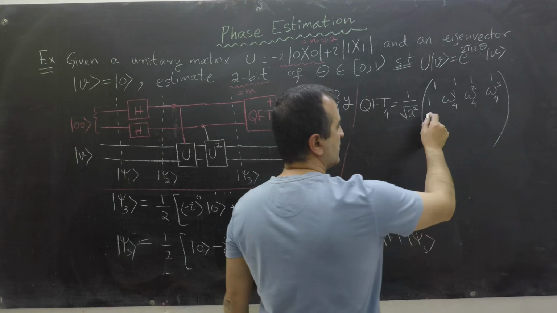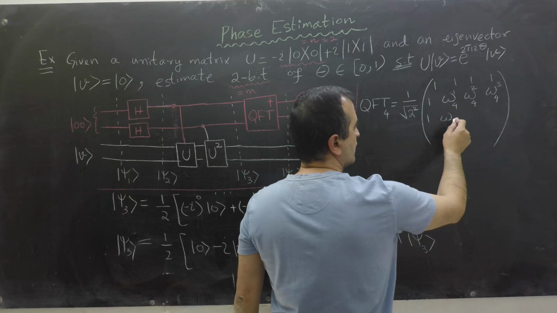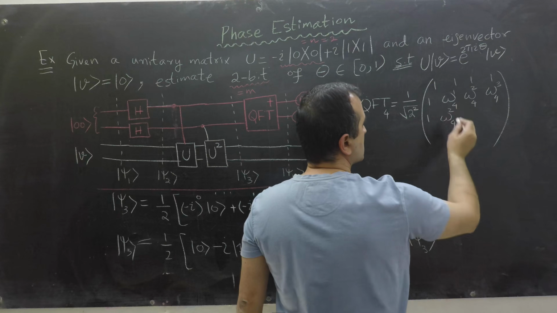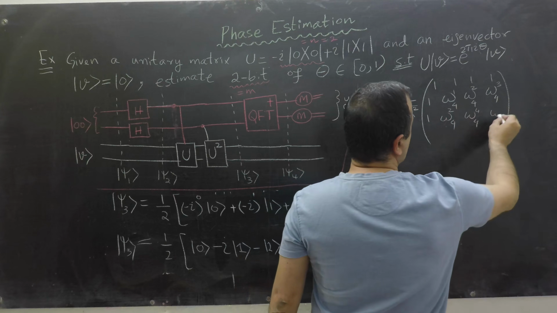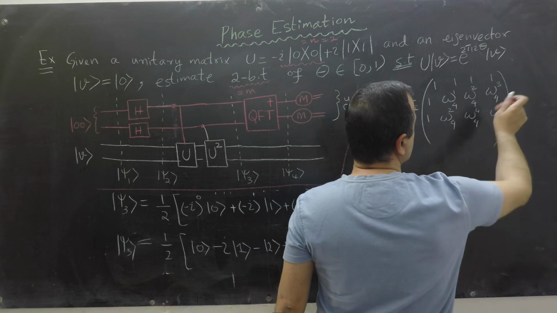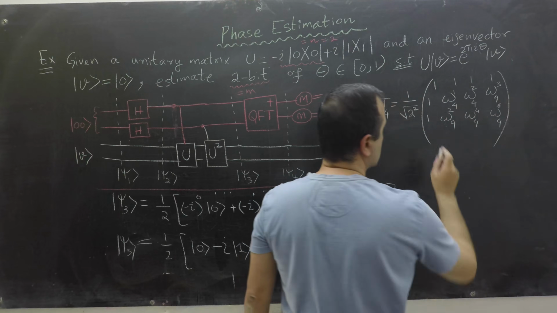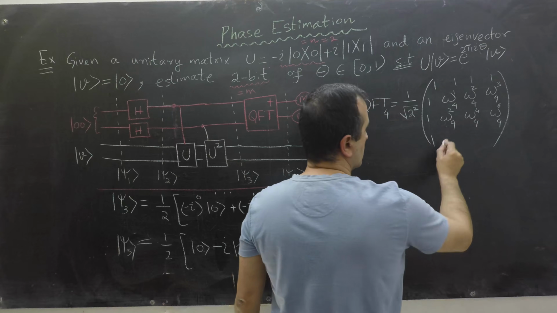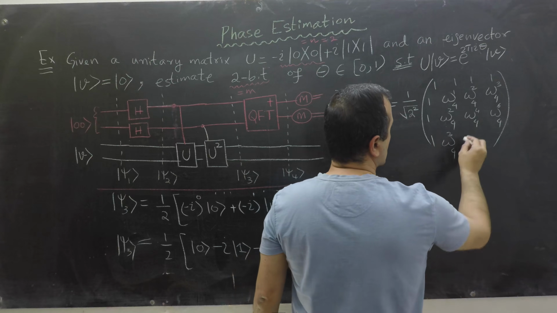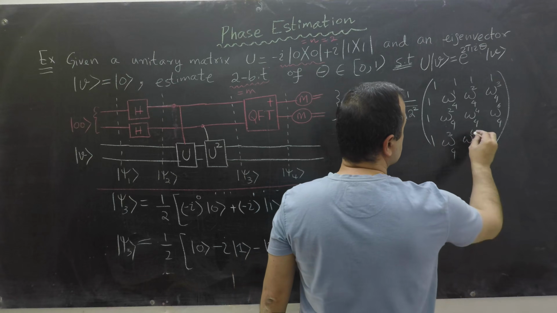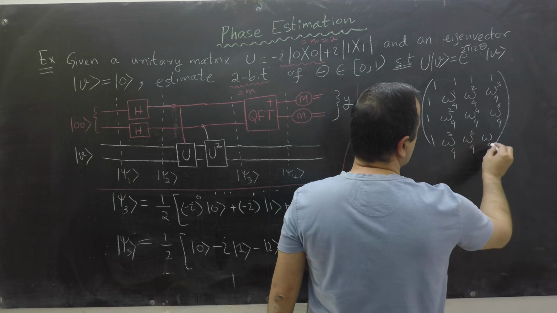The third row will be 1, omega 4 raised to power 2, omega 4 raised to power 4 and omega 4 raised to power 6. Then the last row will be 1, omega 4 raised to power 3, omega 4 raised to power 6, omega 4 raised to power 9.